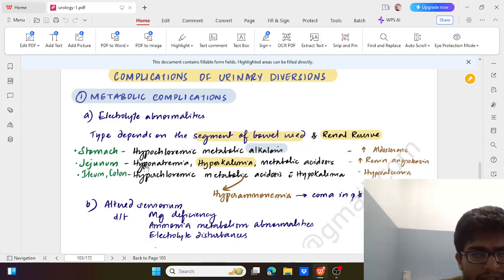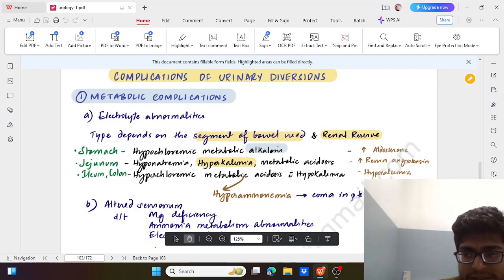In case of jejunum, it will be hyponatremic hyperkalemic metabolic acidosis. And lastly, ileum or colon, which is most important and must be remembered, it is hyperchloremic metabolic acidosis with hypokalemia. There is also hyperammonemia, which causes coma in patients with poor hepatic reserve.